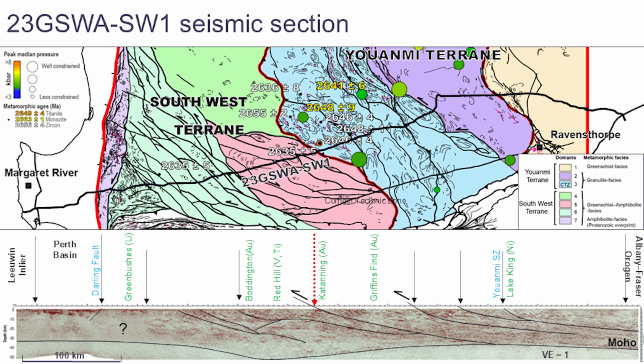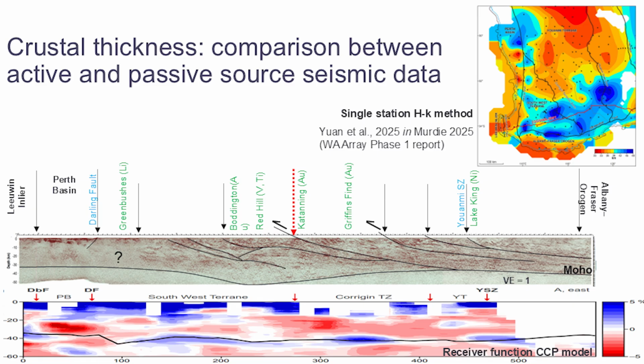We have a really fuzzy zone in through here, which I will not talk about in detail, but these are probably due to Proterozoic modifications of the craton margin. So if we look just at the crustal thickness based on the active source data, let's try and compare it with the WRA passive seismic data.